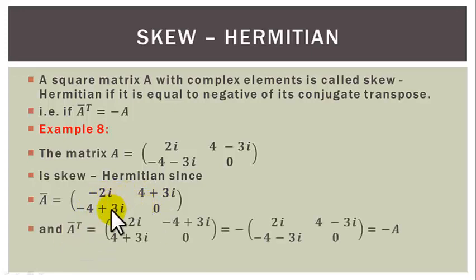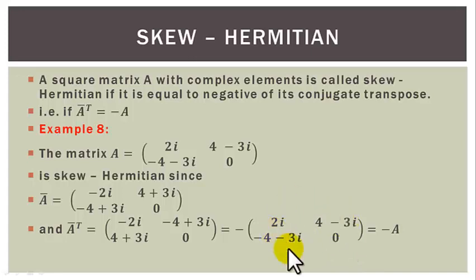Transposing this, we have the transpose of A conjugate equal to, this row is now this column, the second row is now this column. Now let us factor the minus sign out. If we bring out the minus sign, what we have left here will be 2i. This element will become 4 minus 3i, while this one will become minus 4 minus 3i, and we have 0 here.